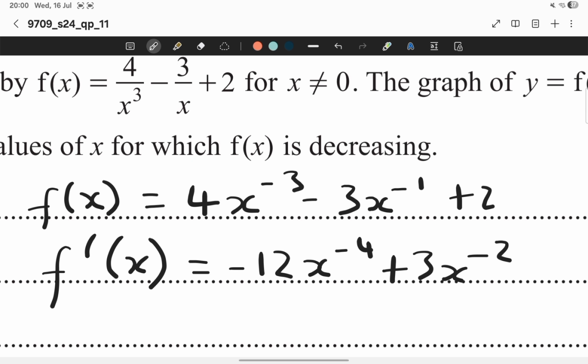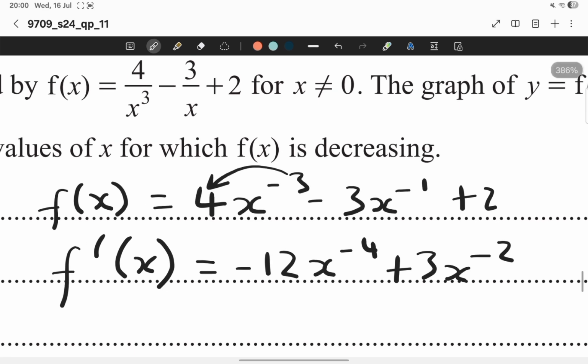That's differentiating: we multiply by the power, then subtract 1 from the power. So minus 3 times 4 is minus 12, then x to the power minus 4. Then we do the same for minus 3x to the power minus 1: minus 1 times minus 3 gives a positive 3, then x to the power minus 2, since we also subtract 1 from the power.